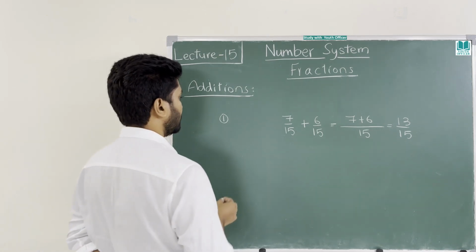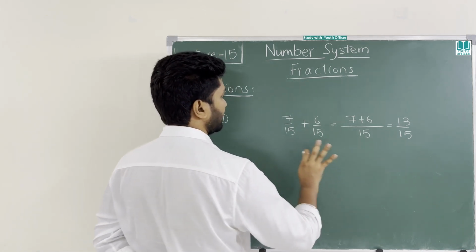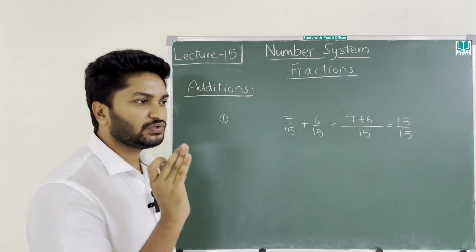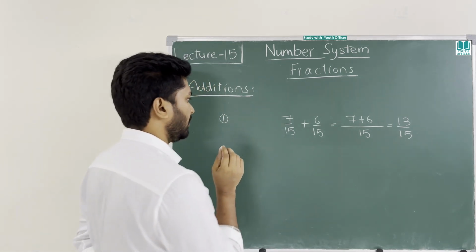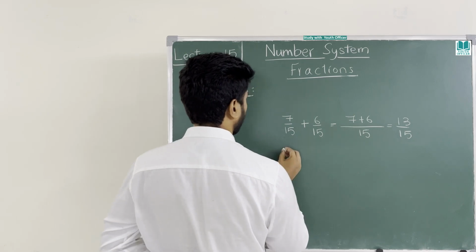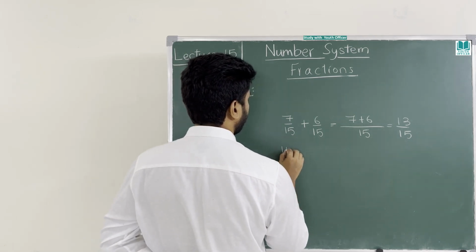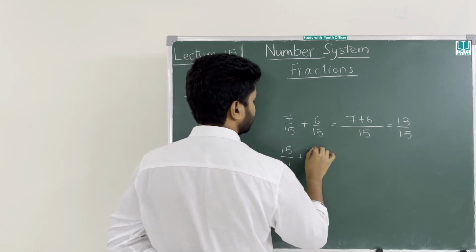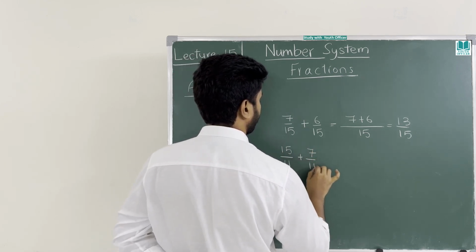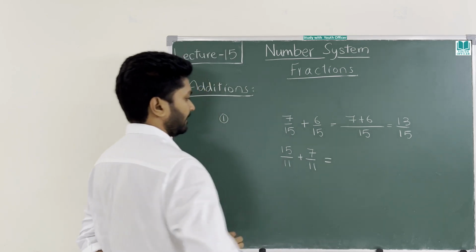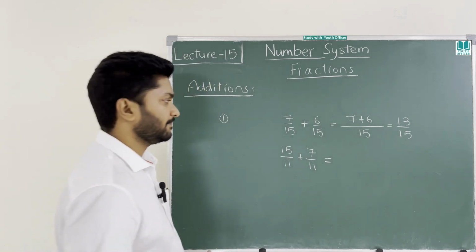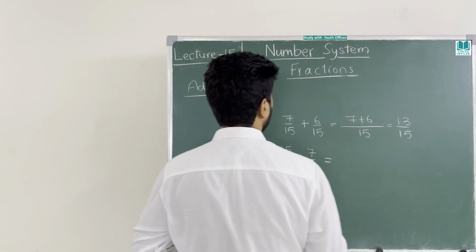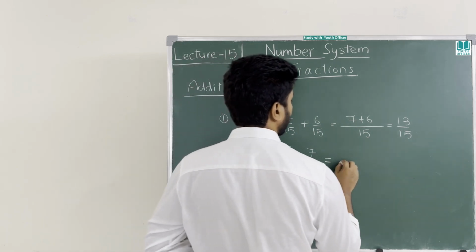Now I will take one more example. I want to teach you a new point. What is that point? I will take 15 by 11 plus 7 by 11. Now I will try to add them.